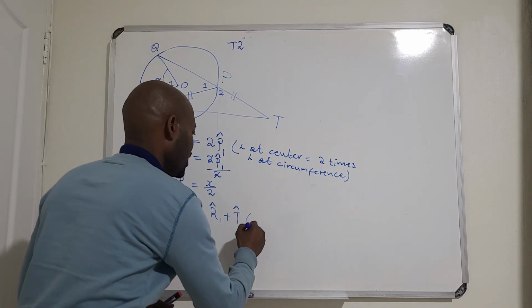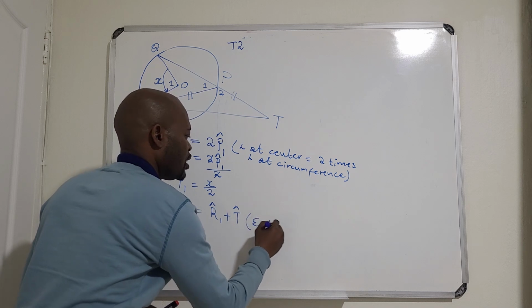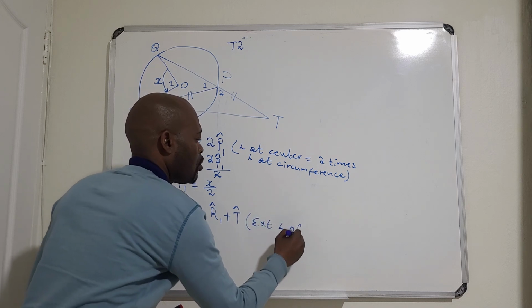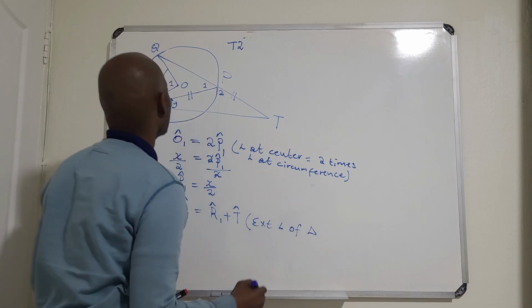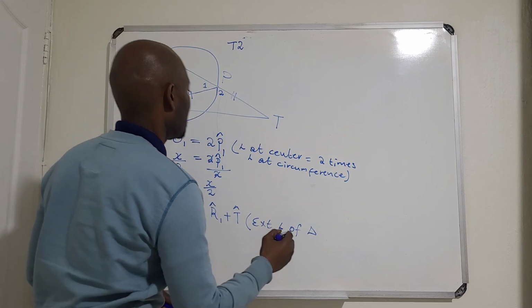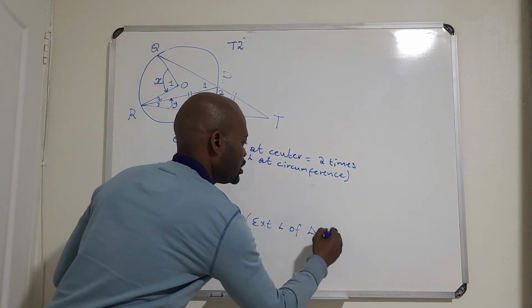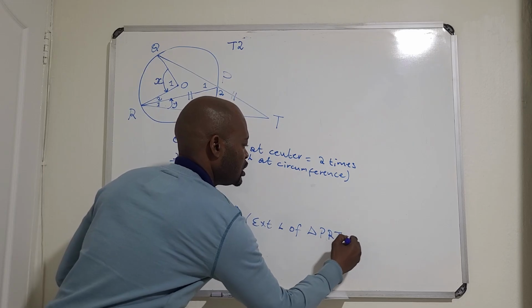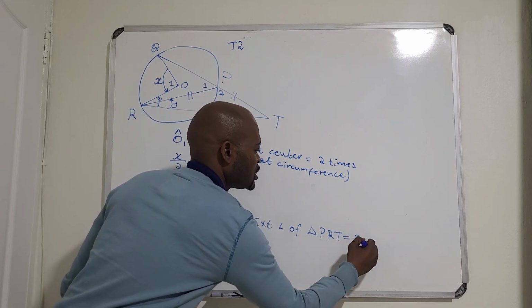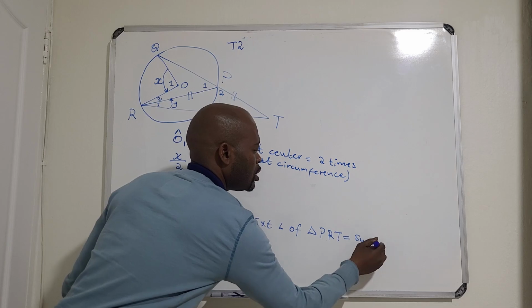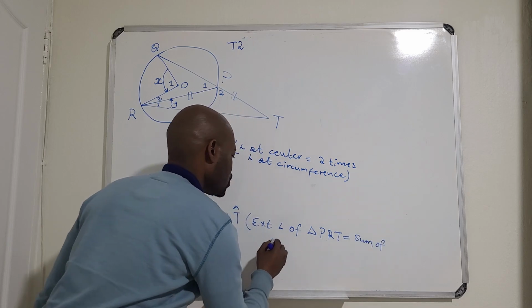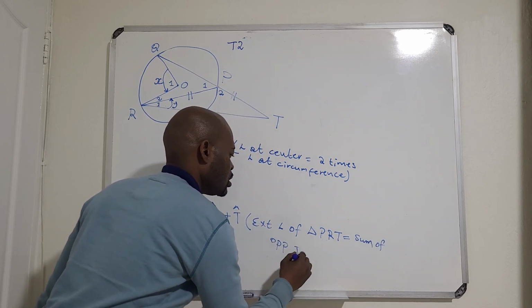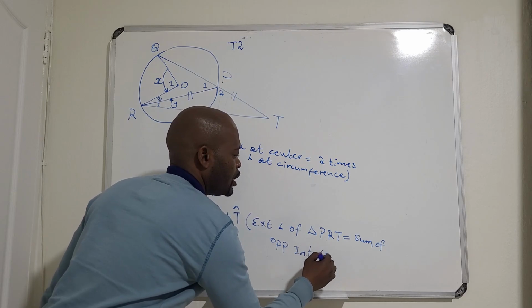Reason: we know the exterior angle of triangle PRT is equal to the sum of the opposite interior angles.